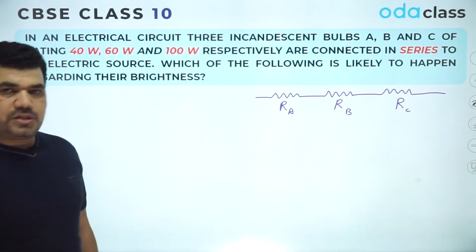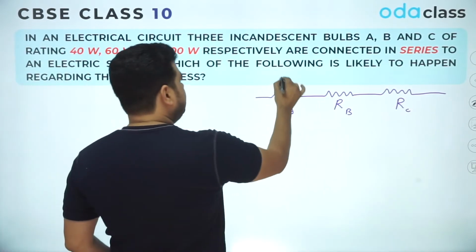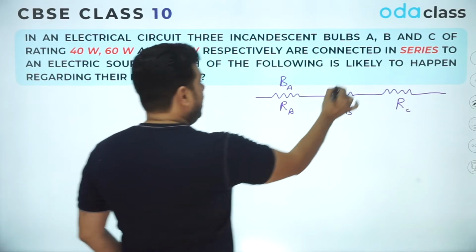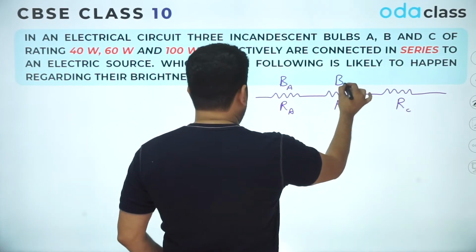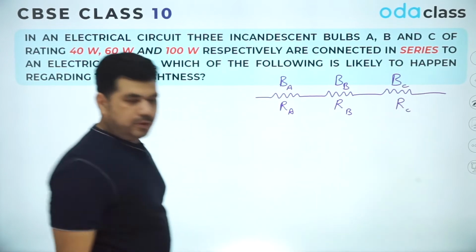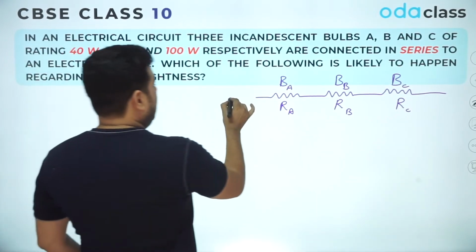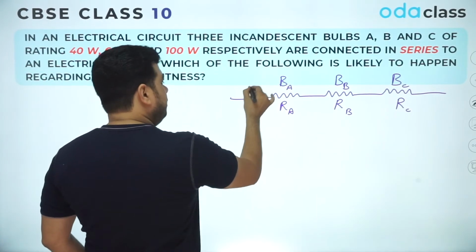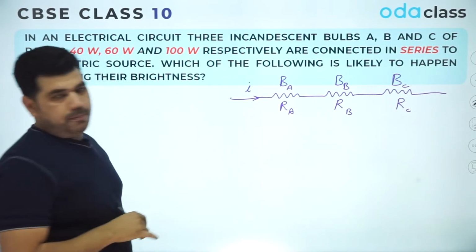These are the resistances of the bulbs, and this bulb is supposed to be A, this bulb is supposed to be B, this bulb is supposed to be C, right? And now you can say in all these bulbs, current will be the same.